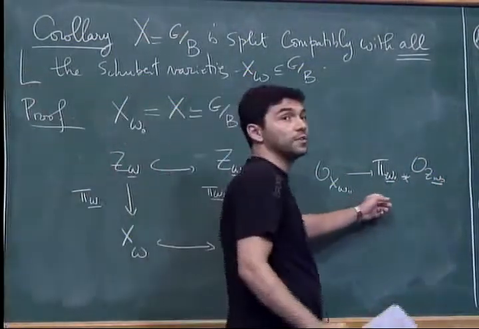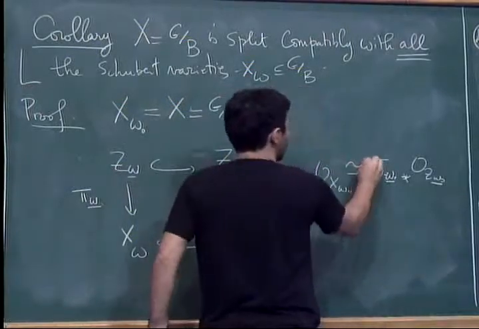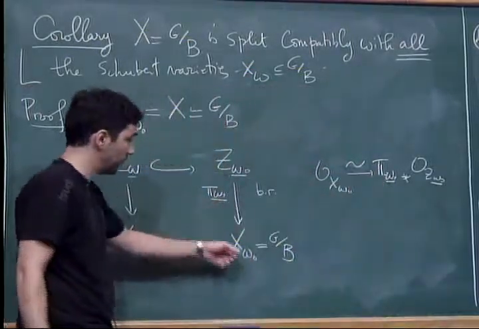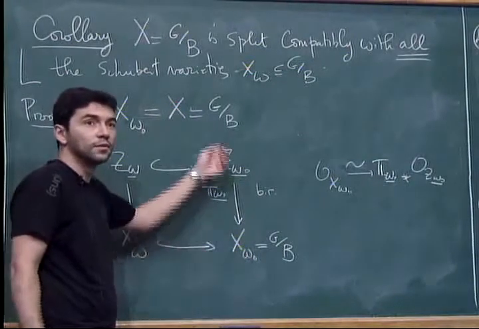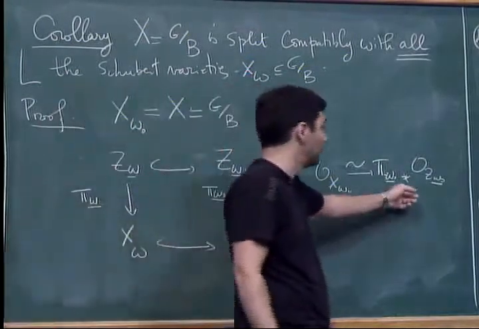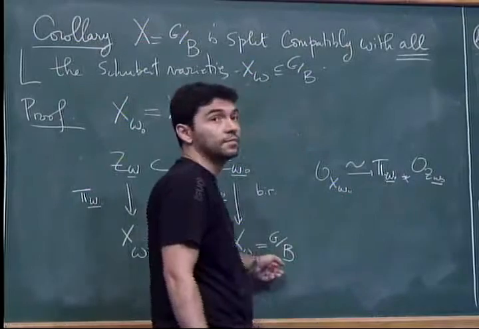This is indeed the case: this is a birational morphism and this one is smooth, so the push forward of the structure sheaf is exactly the structure sheaf downstairs.